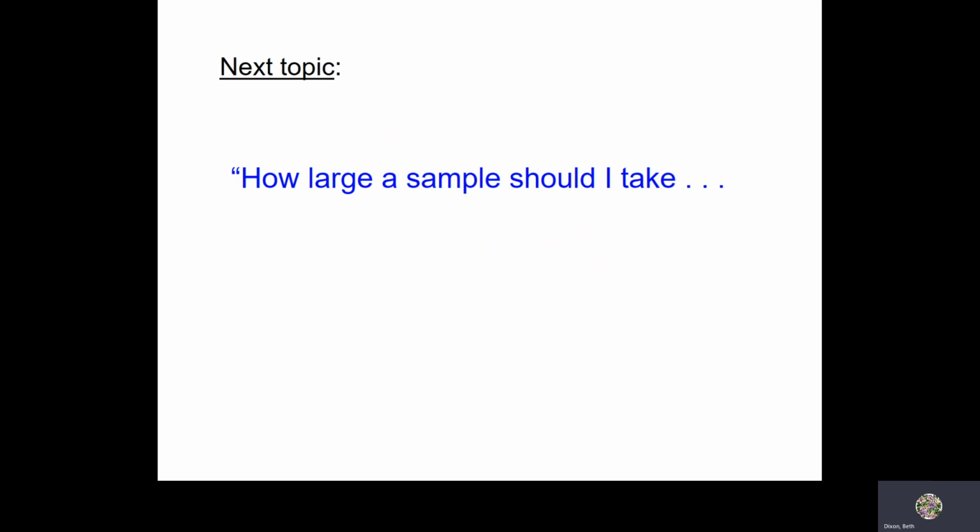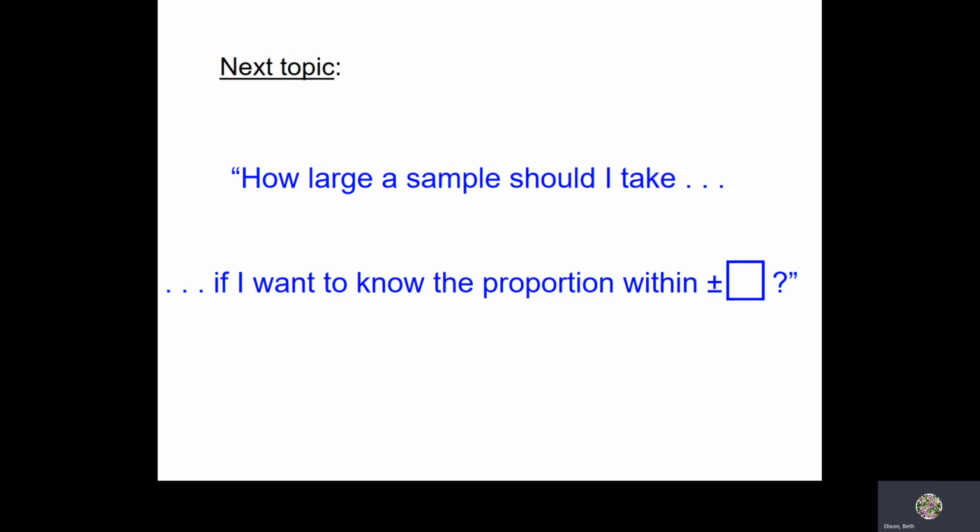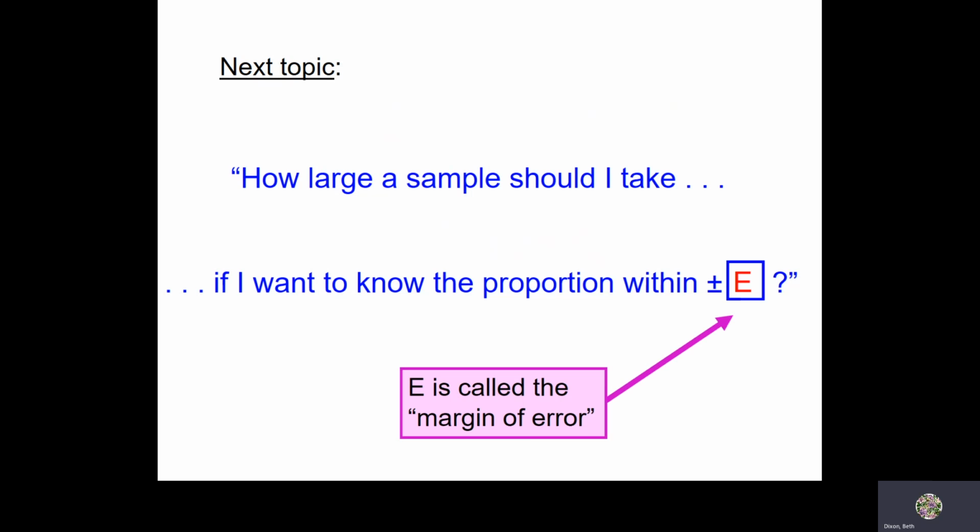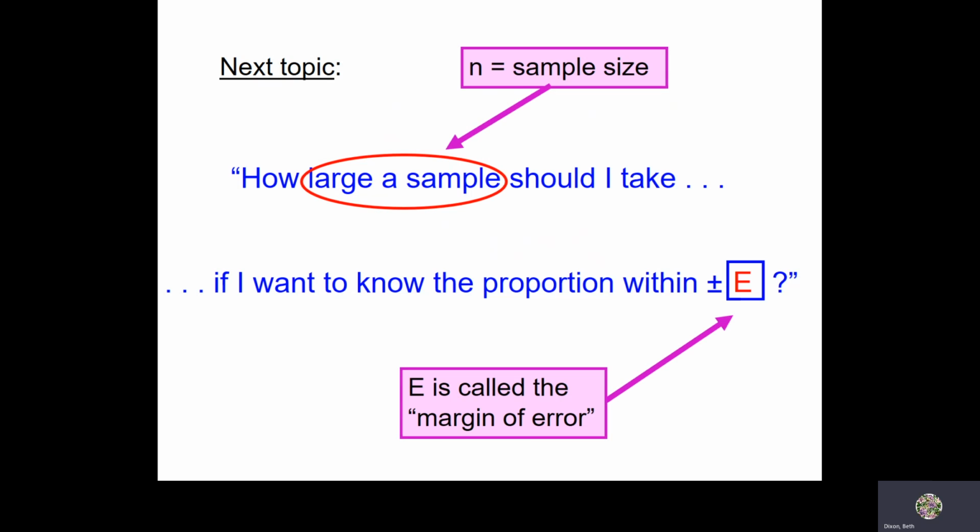The problems that we will do next, instead of saying construct a confidence interval, will now say how large a sample I should take if I want to know the proportion within plus or minus something. The within whatever is our error, and this error is called the margin of error.